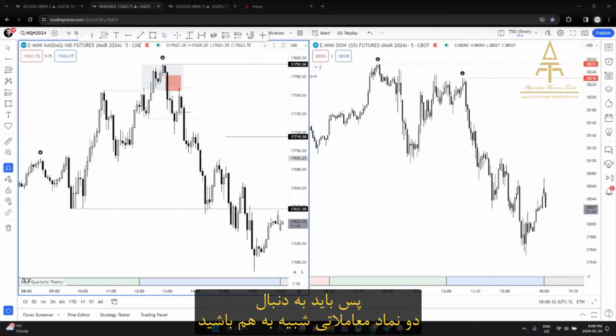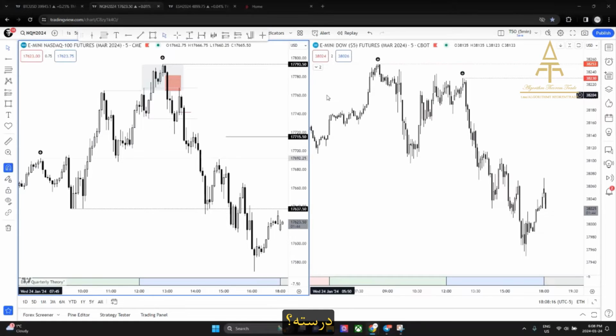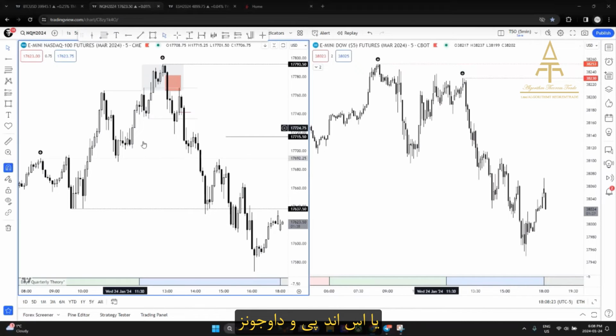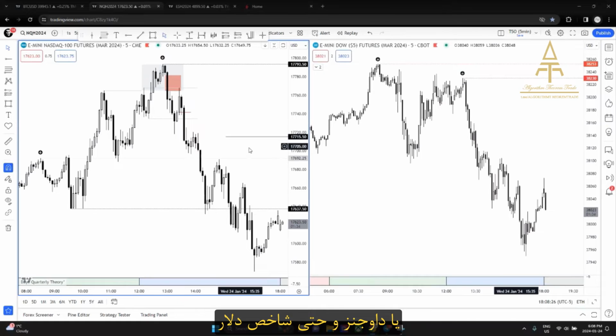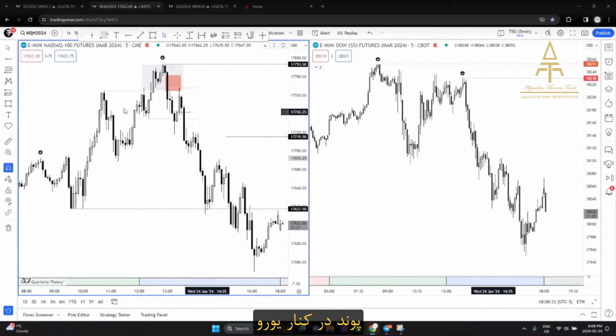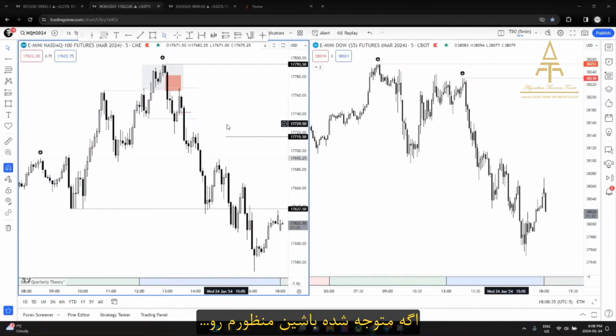So you have to have two closely correlated assets. For example, this could be NQ, this could be ES, this could be ES, this could be Dow Jones, this could be Dow Jones, and this could even be the US dollar. This could be the US dollar, and this could be EU, this could be GU, and this could be EU, if you understand.